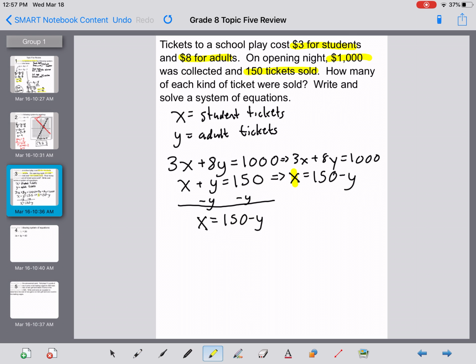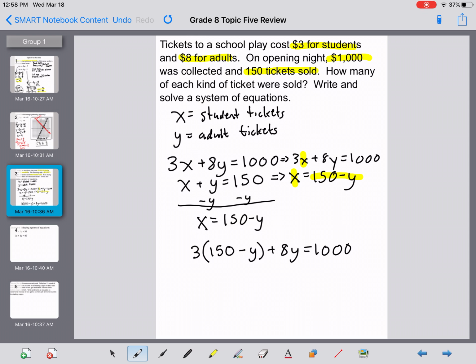Since 150 minus y is x, I can substitute into my top equation and have 3 times (150 minus y) plus 8y equals 1000.